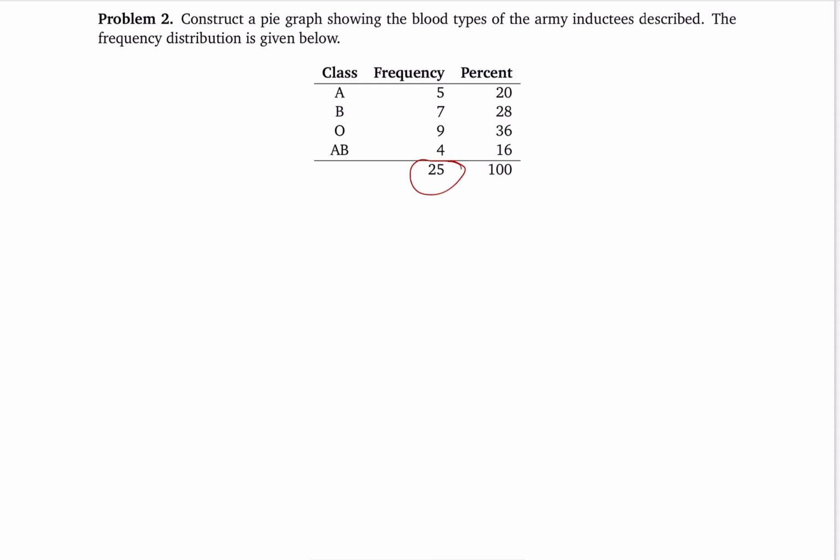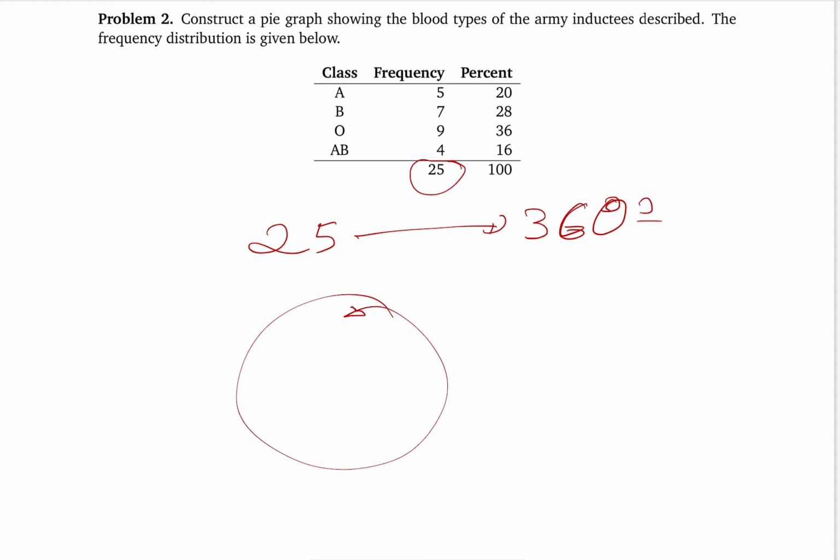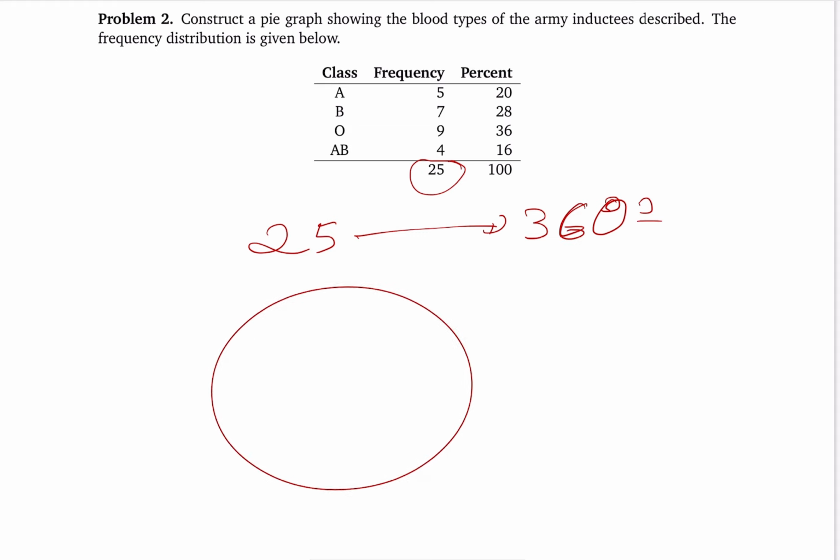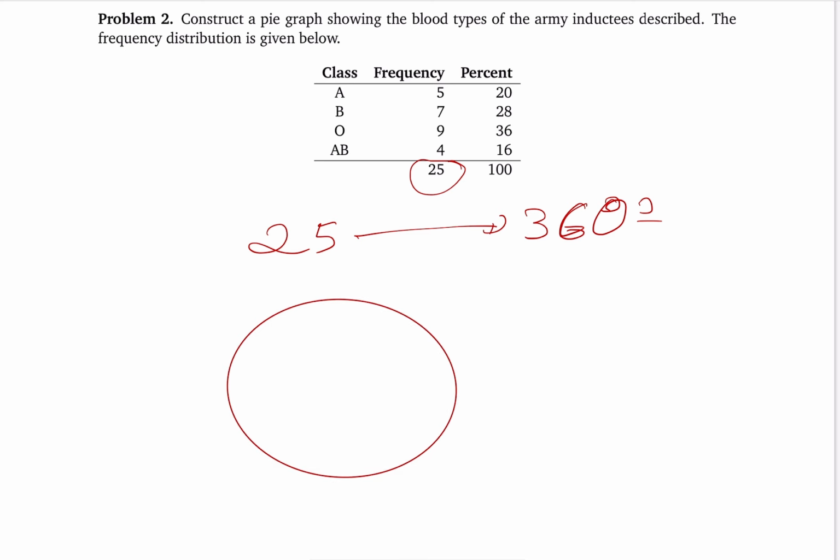To put the class type in a circle, we can say 25 is equivalent to 360 degrees. Any circle has an angle of 360, so I make it equivalent to find the x.